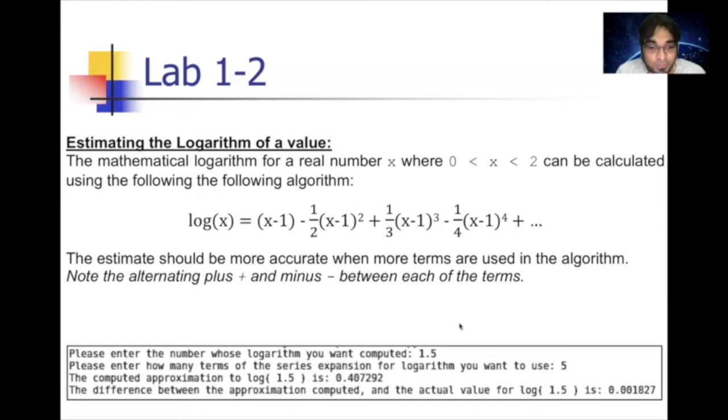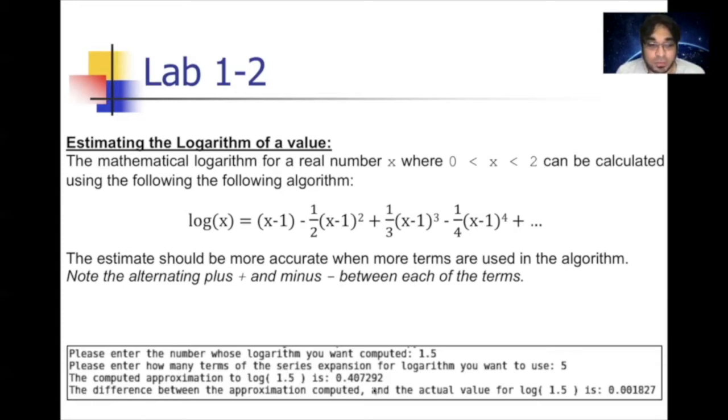And the things that go in as inputs are the number that needs to be computed for the logarithm, and second, how many terms of the equation we want to be summed up. So the larger, meaning more accurate.